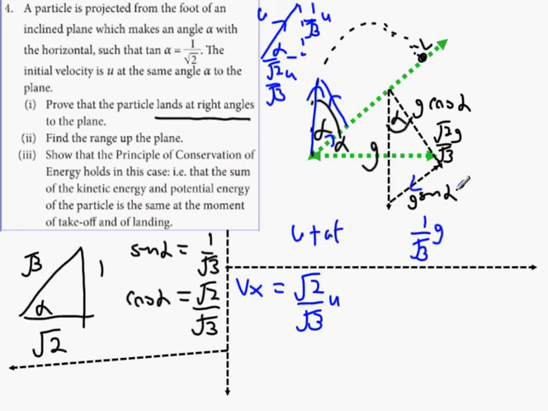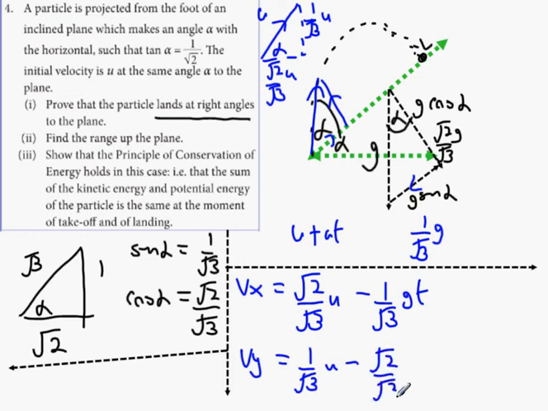Gravity's working, acceleration's working against you. So minus 1 over root 3 gt. Phi y, anybody? 1 over root 3 u. Take away root 2 over root 3 gt, because that's working against your motion.